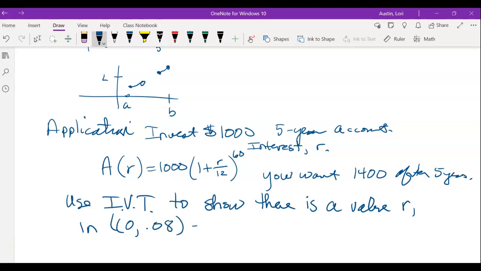That is an interest rate between 0% and 8% for which A sub R equals 1,400. So use the intermediate value theorem to show there is a value R in 0 to 8.